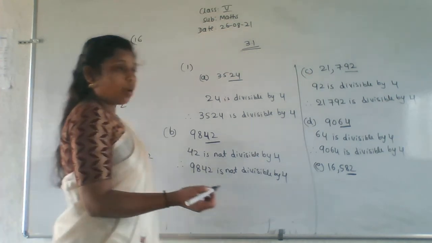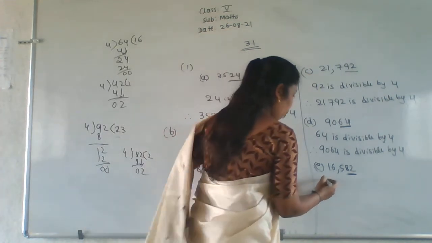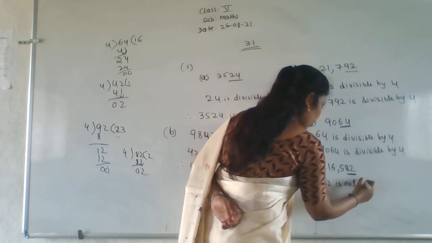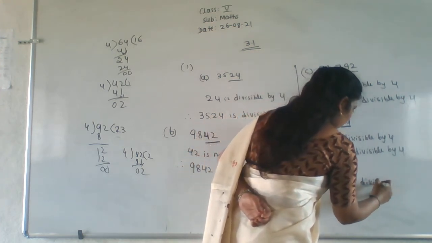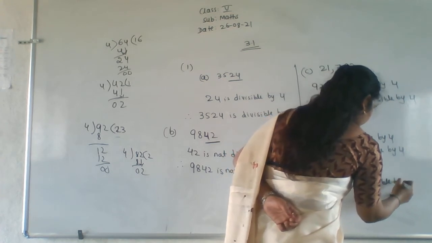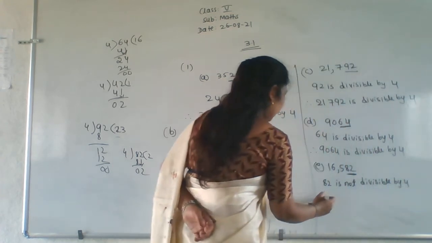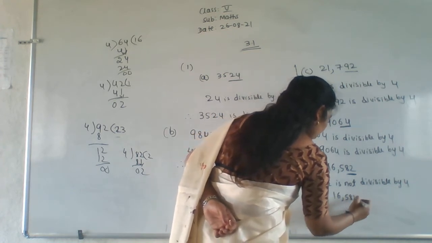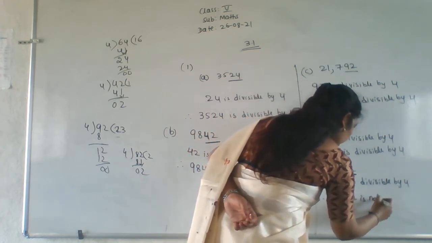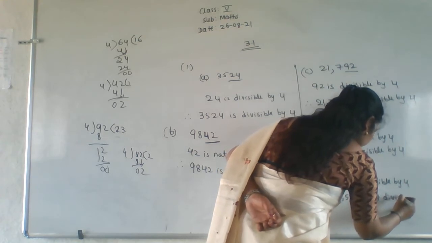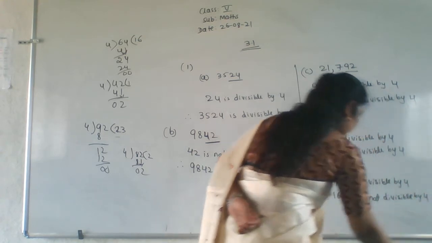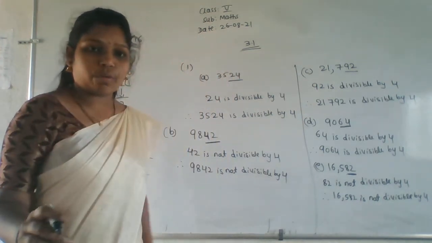So it is not divisible by 4. 82 is not divisible by 4. Therefore, 16,582 is not divisible by 4.